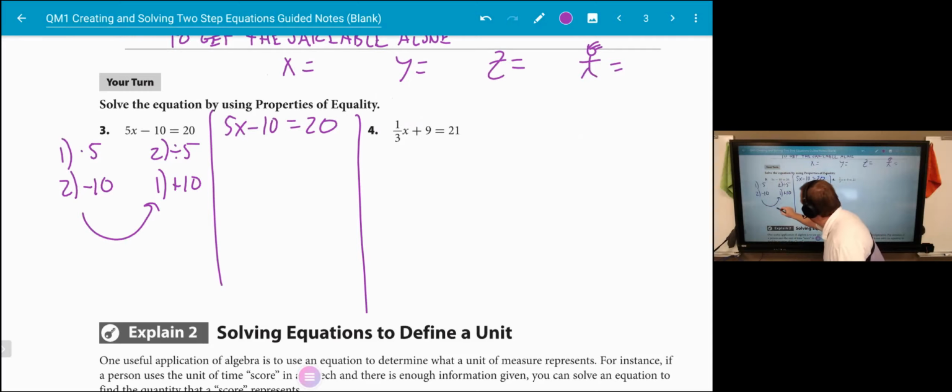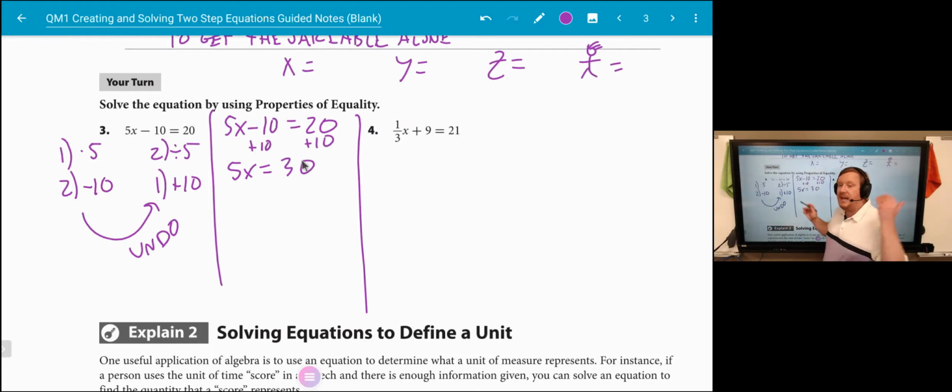My first undo step, remember this right side is the undo steps, I would add 10 to both sides. And if I do that, I'd have 5x equals 30 because negative 10 plus 10 simplifies to 0. Now I need to divide both sides by 5.